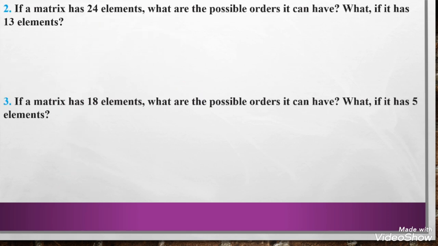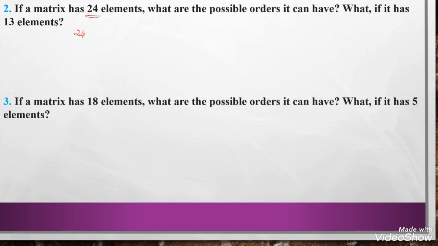If a matrix has 24 elements, what are the possible orders it can have? What if it has 13 elements? As we know, there are 24 elements, and by using them we can write the order of the matrix.